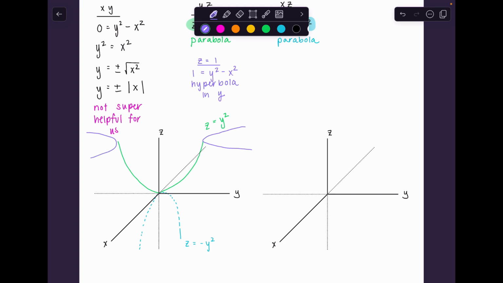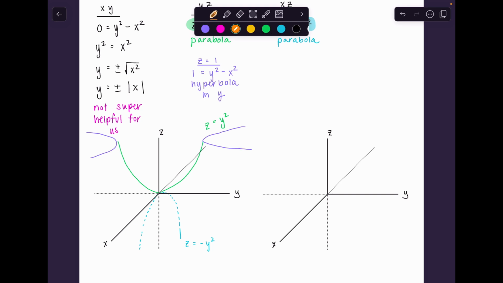And if I pick z to be a different constant, it would be the same thing. So essentially, if I slice it along this direction, you're going to see a bunch of hyperbolas that look like this. Okay. So that helps me out a little bit.